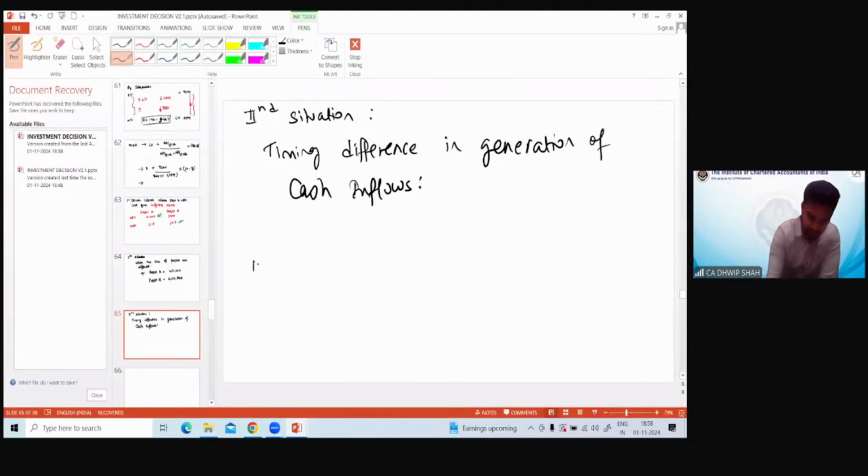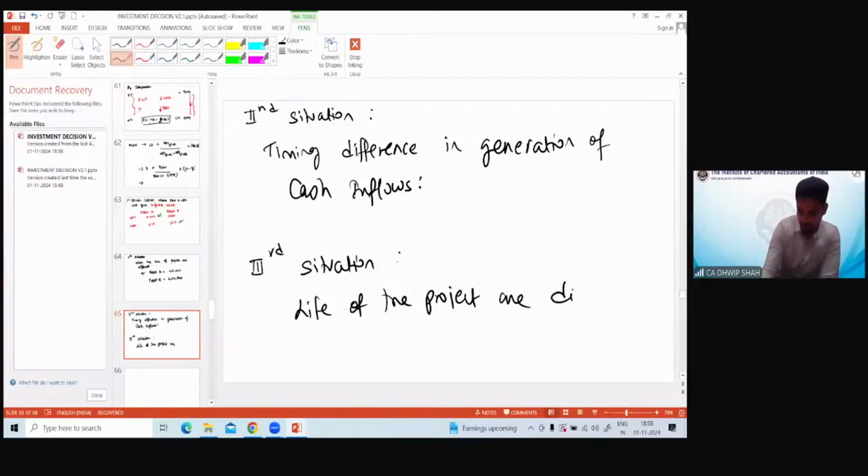Situation 3 is when the life of the projects are different.